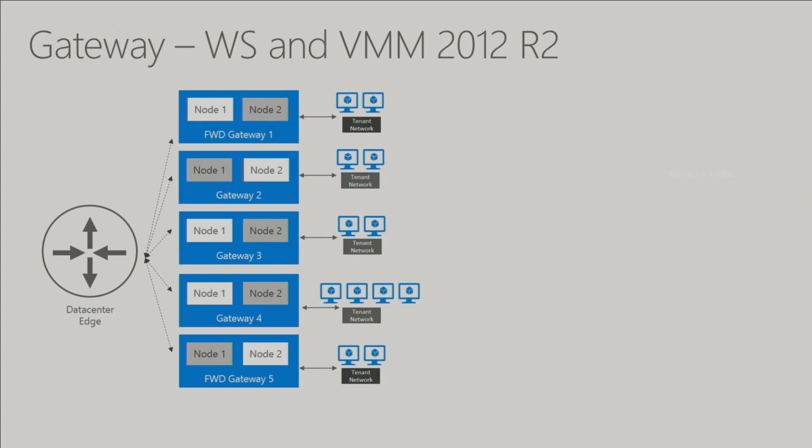Gateways in 2012 R2 were cluster-based gateways. So you would have 2-node clusters so that you have high availability for each of the gateways. One node typically will be active, and one passive. You do get high availability, but you end up using a lot more VMs. If both the VMs in this diagram go down, then your gateway is not available.